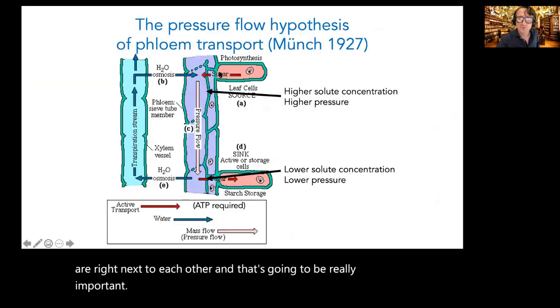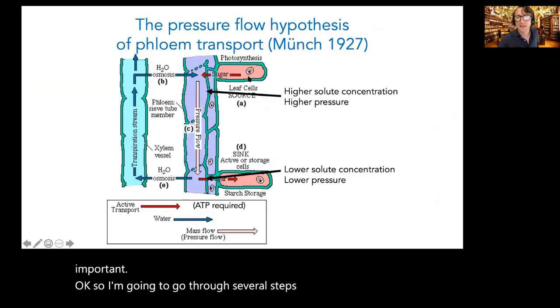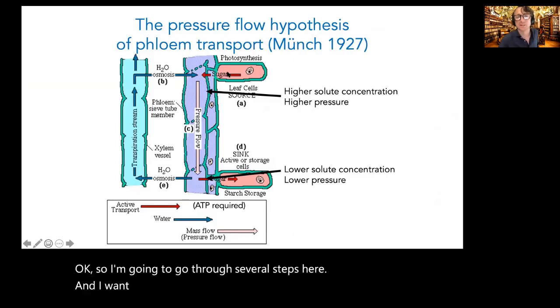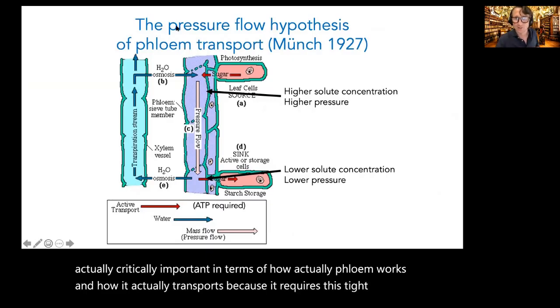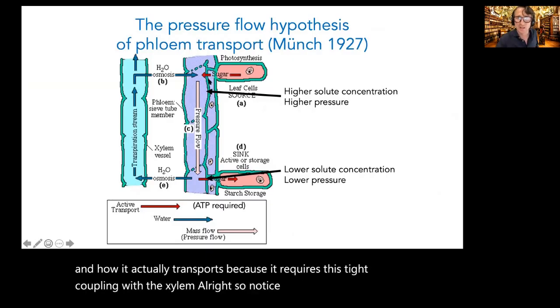So I'm going to go through several steps here, and I want you to please pay attention, because these steps are critically important in terms of how phloem works and how it transports, because it requires this tight coupling with the xylem.